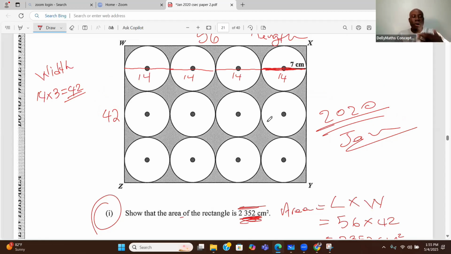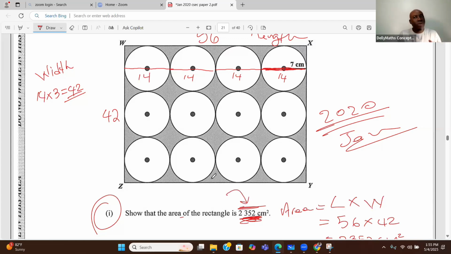We are going to make sure that we understand that we have 12 circles here of the same size. So when you find one, you multiply it by 12 for the 12 of them. We already know the area of the rectangle, so we're not going to rework something that we got. It's 2,352.